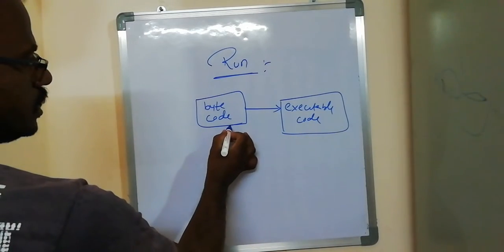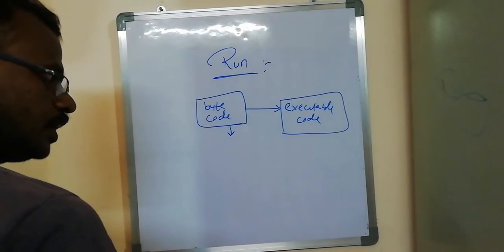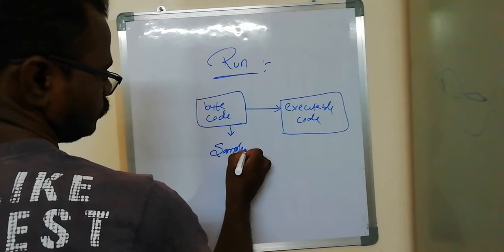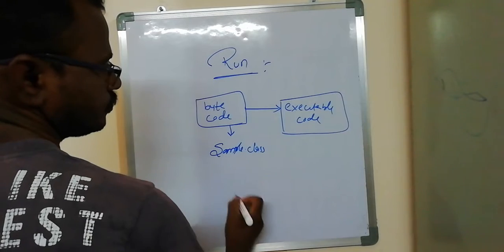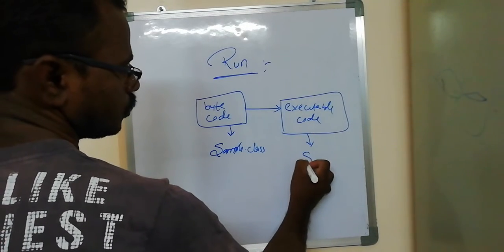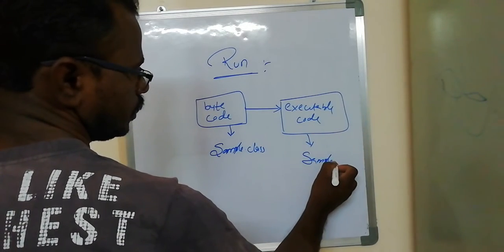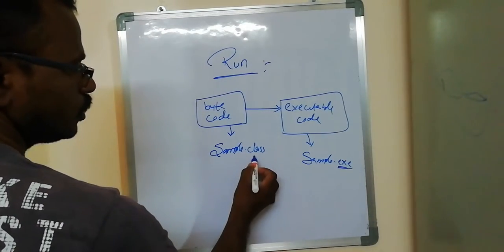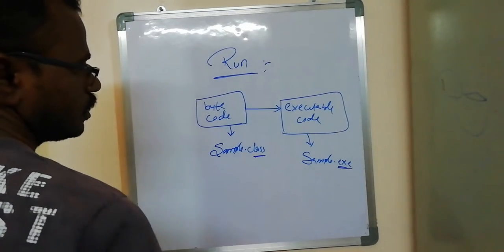See, the extension of the bytecode is sample.class, and the extension of the executable code is sample.exe, like that.